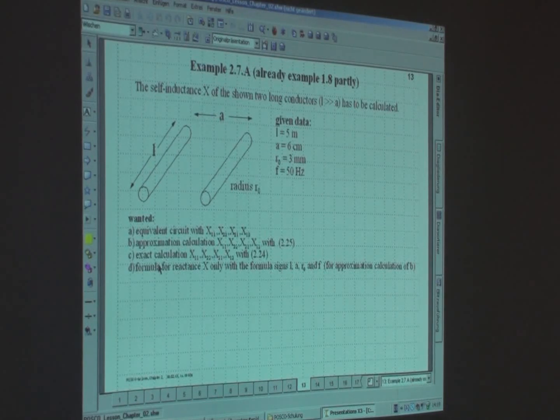The problem is that we have two conductors against two conductors. For the reactance calculation, we have A and B. That means we have to calculate GAB. What is GAB? We have here A, and that's easy. GAB is A.